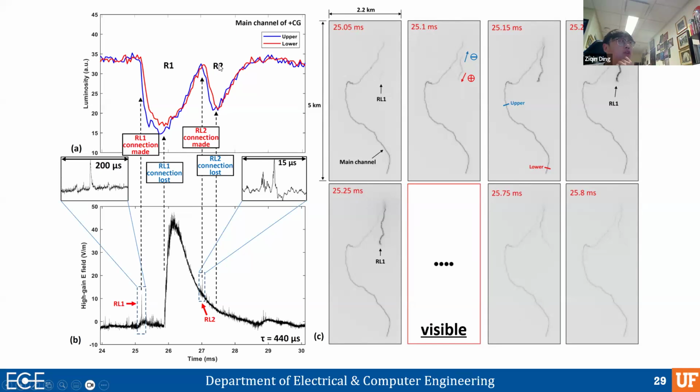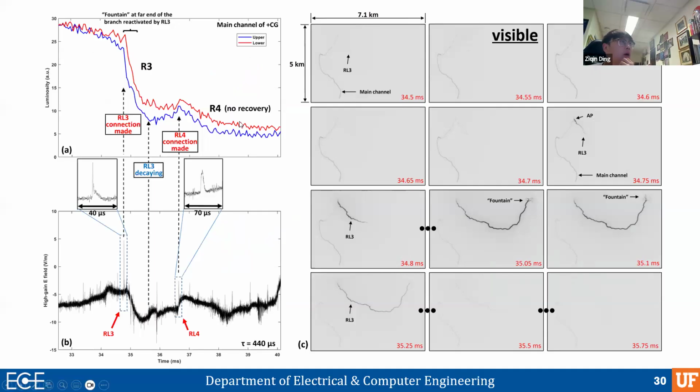And here there is R2, meaning a second similar recoil leader attached to the continuous current channel, and it loses luminosity immediately. After it loses connection, the luminosity will recover back.